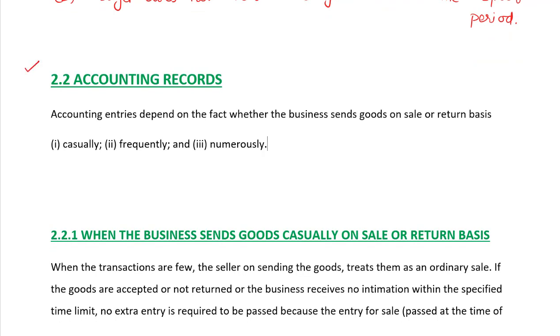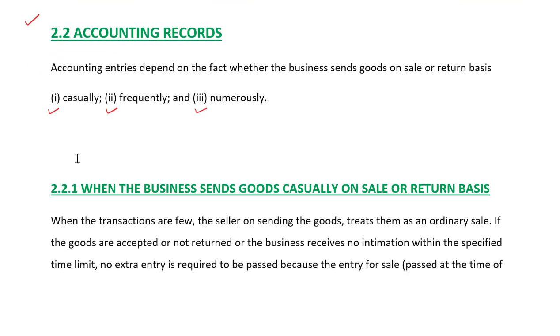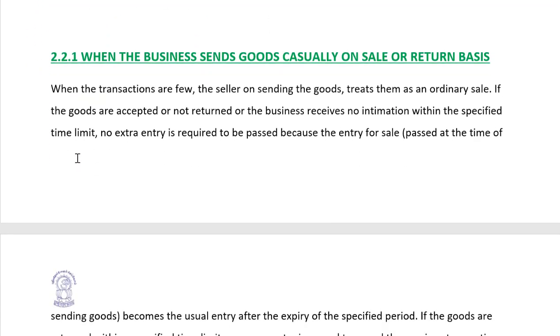Accounting records. Accounting entries depend on whether the business sends goods on sale or return basis casually, frequently, or numerously. We need to learn all three cases, starting with the first case, that is casually. When the business sends goods casually on sale or return basis, when the transactions are few, the seller sending the goods treats them as an ordinary sale.